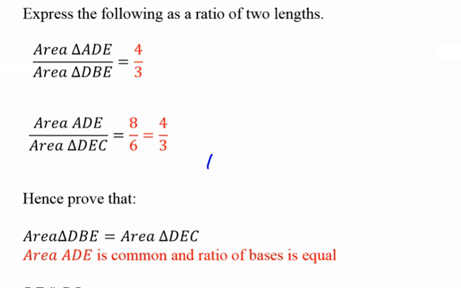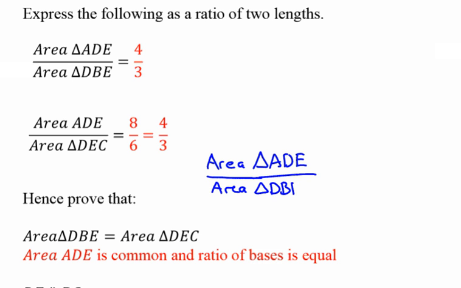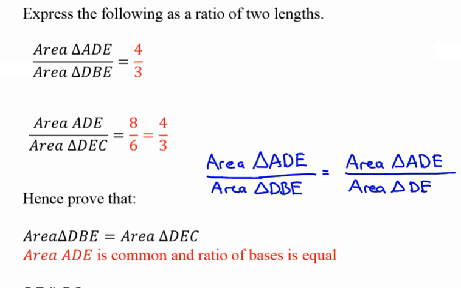So I can actually write area of triangle ADE divided by area of triangle DBE is equal to area of triangle ADE divided by area of triangle DEC.